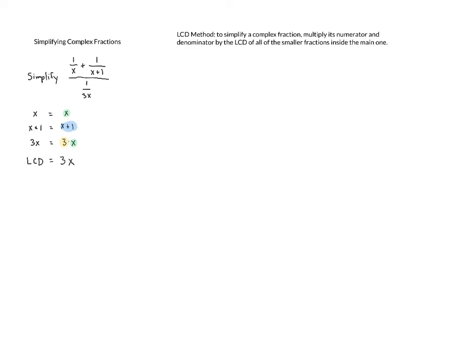So our LCD has to contain the factor x plus 1 as well. So our LCD is going to end up being 3x times x plus 1. So what we're going to do here is multiply the top and bottom by 3x times x plus 1.